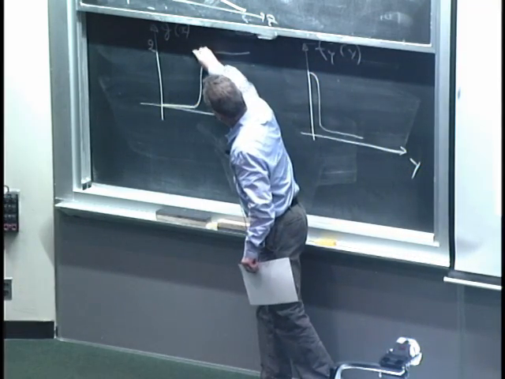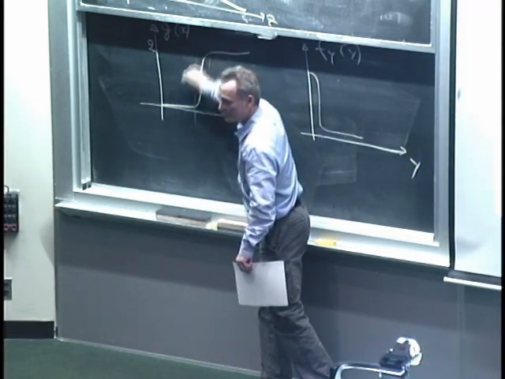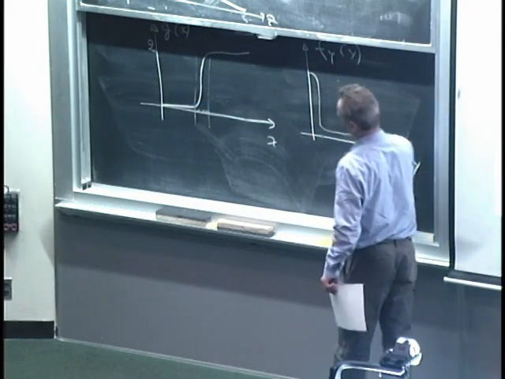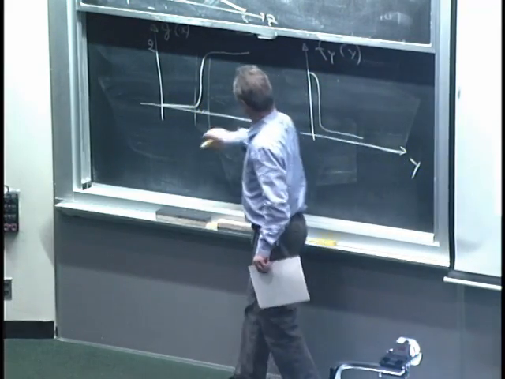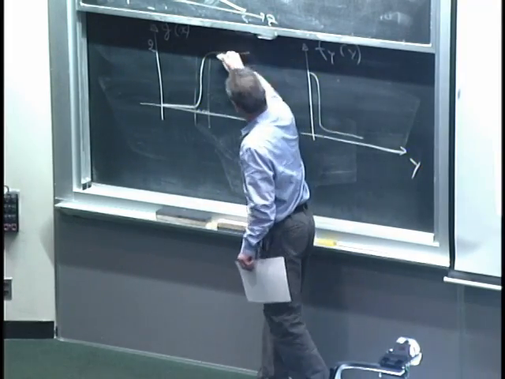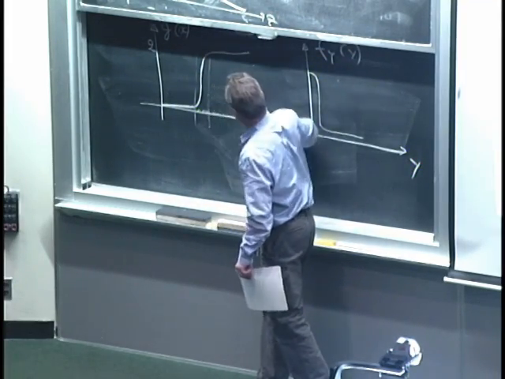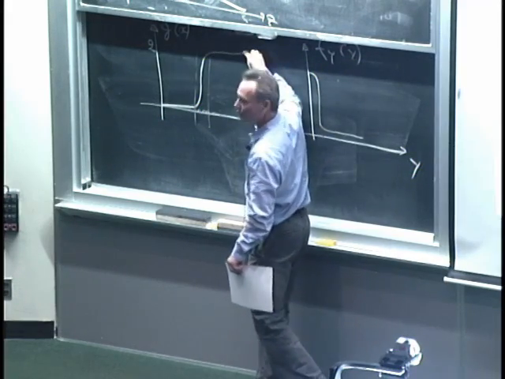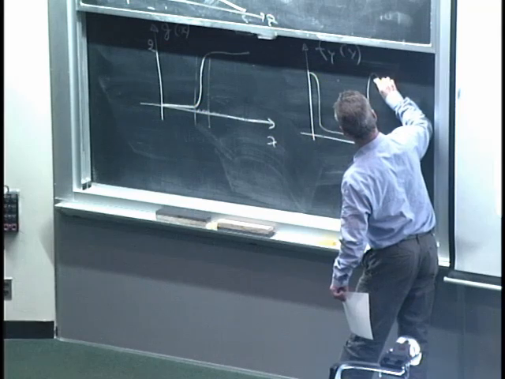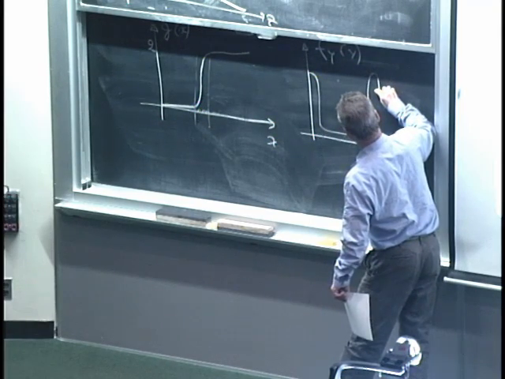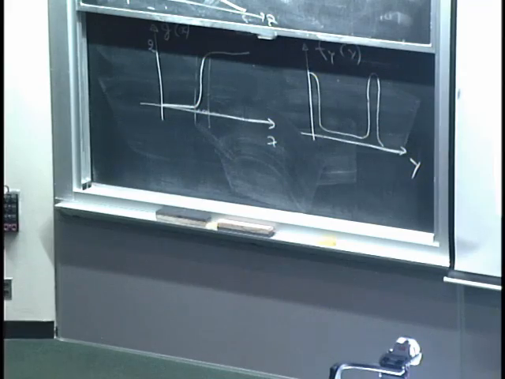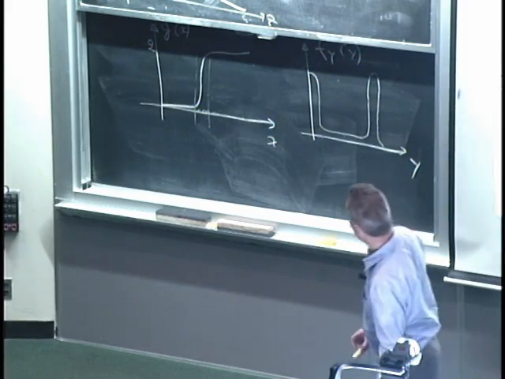There's a small probability that y takes intermediate values. That corresponds to the case where x falls in here. That's not a lot of probability. So the probability that y takes values between 0 and 2, that's kind of small. But then there are a lot of x's that produce y's that are close to 2. So there's a significant probability that y would take values that are close to 2. So the density of y would have a shape of this kind.